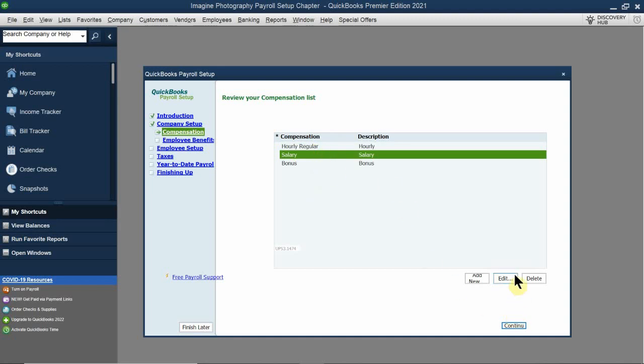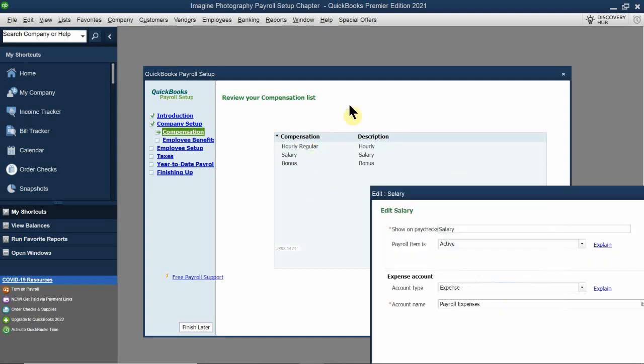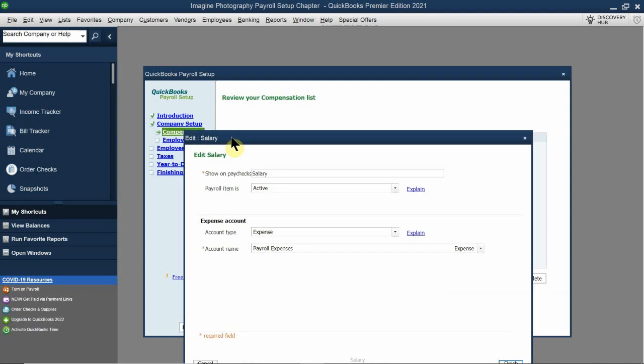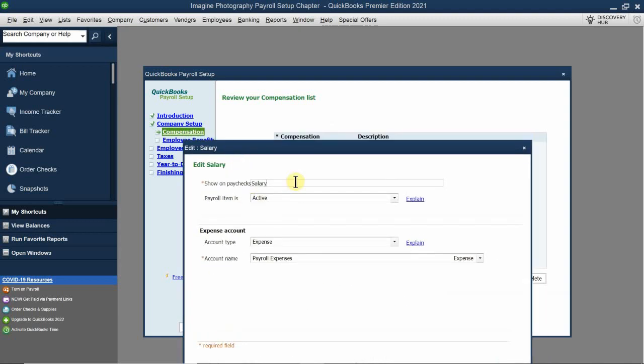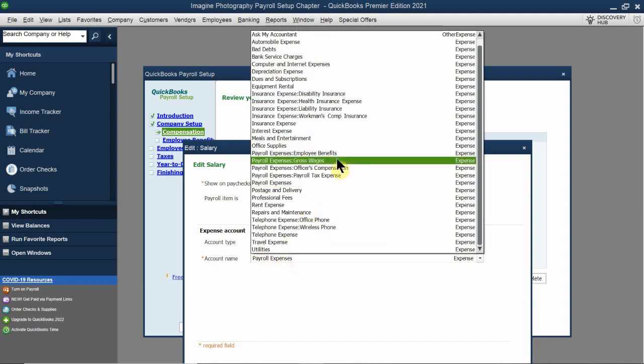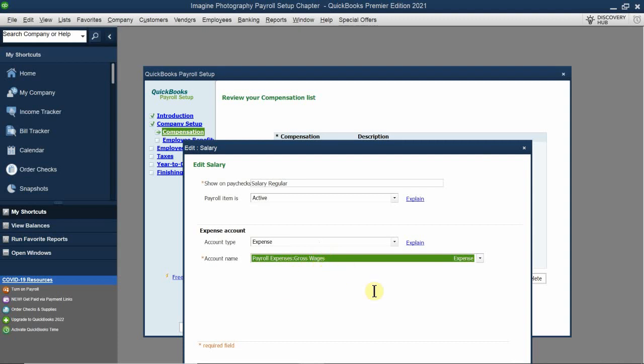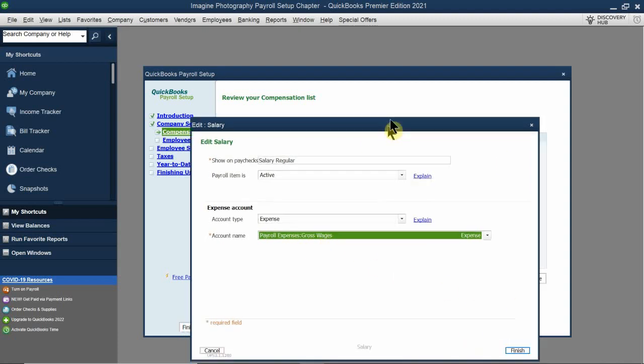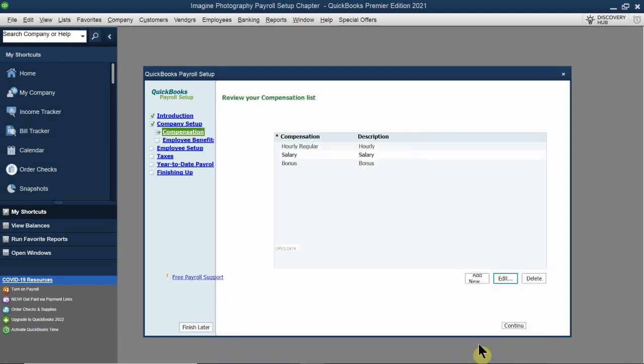I'm also going to edit my salary as well because this one is also going to be salary regular. Okay. We also need to make changes to the payroll expense because I wanted to make sure it's associated to the gross wages. Okay. And finish.